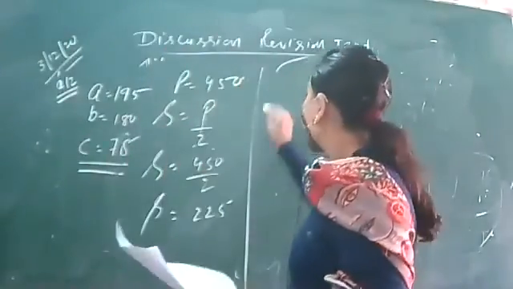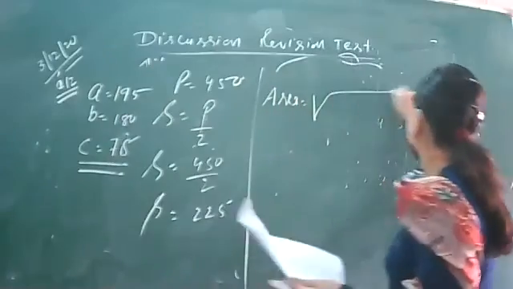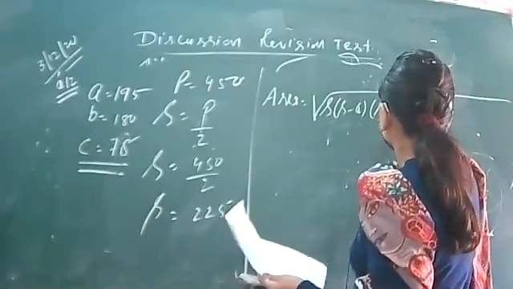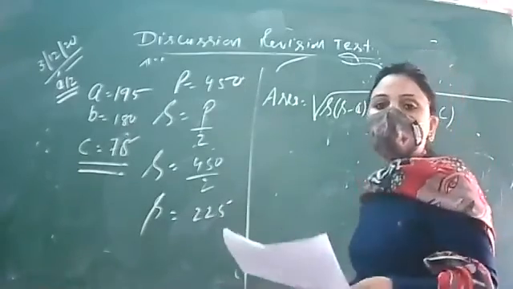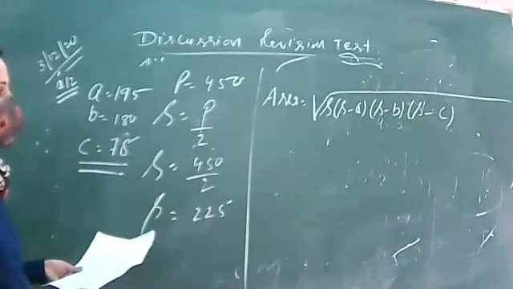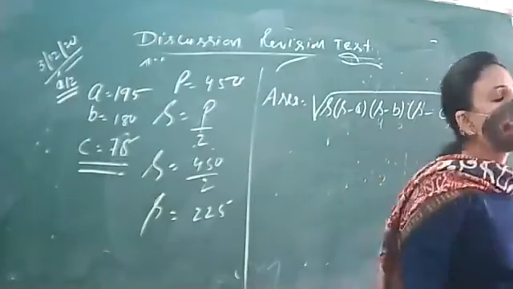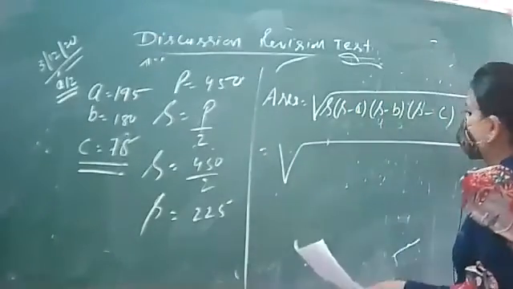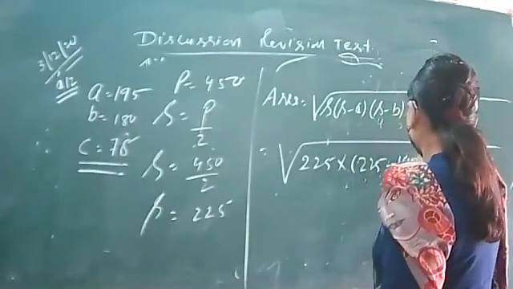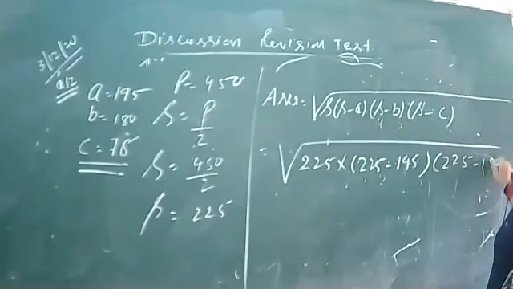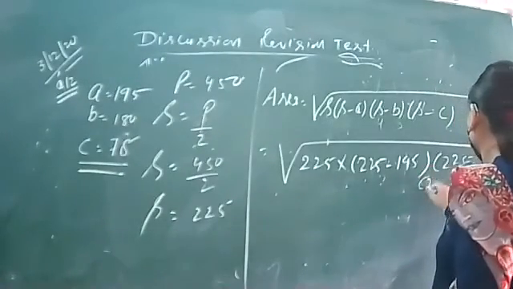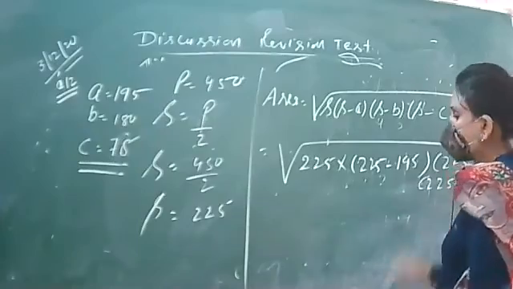Let us find the area. Square root of s into s minus a, s minus b and s minus c. Let us put the values of s, a, b and c in the equation. 225 into 225 minus 195, 225 minus 180, 225 minus 75.